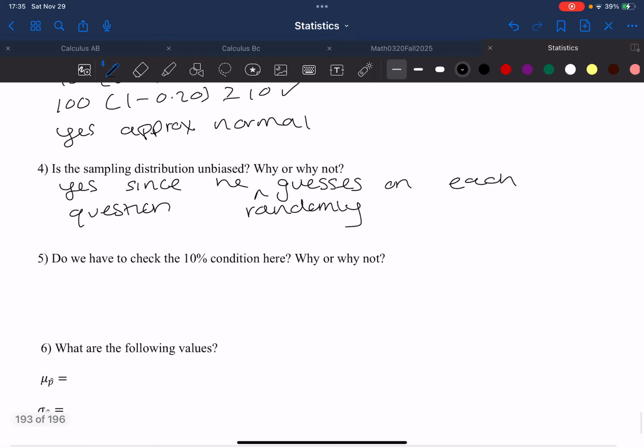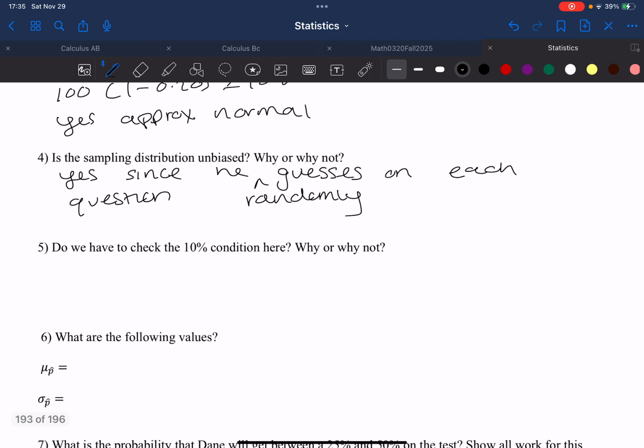Number 5, do we have to check the 10% condition here? Why or why not? So we would say no, since each guess is independent. And remember, we use the 10% condition to prove independence, and since it already tells us that it's independent, we don't need to prove anything.